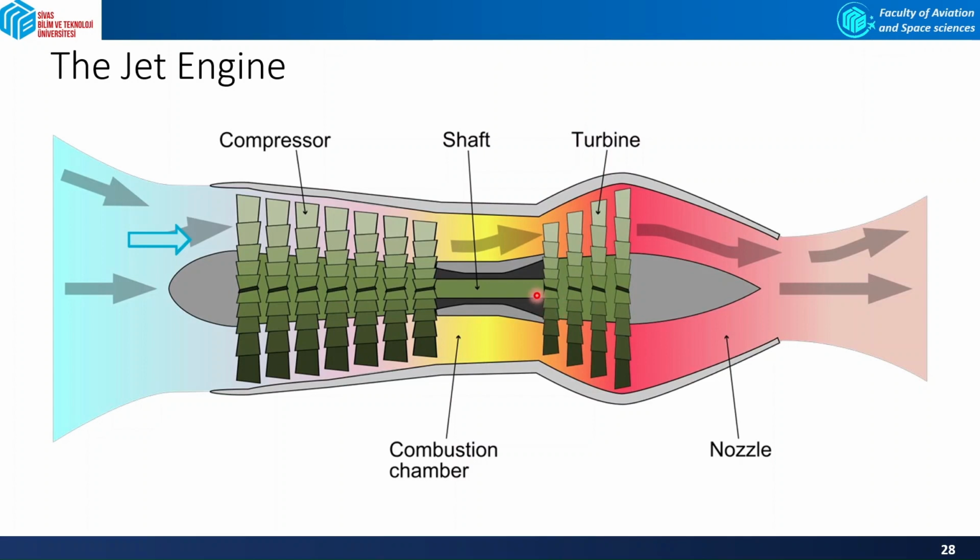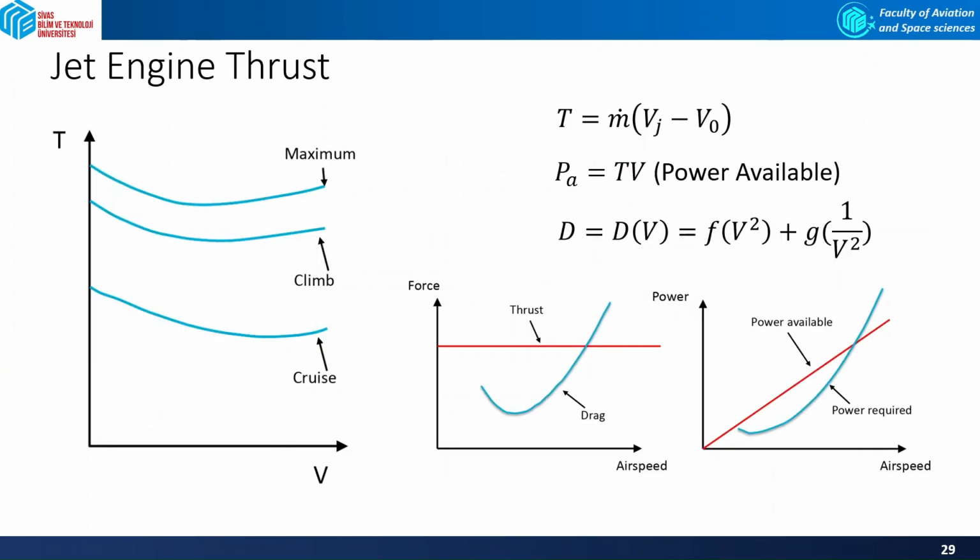The maximum temperature is limited by the material of which the combustion chamber and the first stages of the turbine are made. So this is a basic principle of a jet engine.